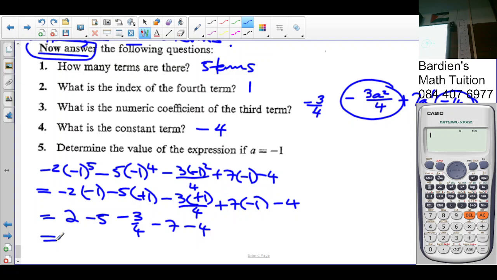Negative 3 minus 7. Who said negative 4? Yes, you're putting your head down. Why are you not using your number line? It's negative 10. Negative 10 minus 4. Negative 14. Negative 14 minus 3 over 4. Negative 14 and 3 over 4. Okay.